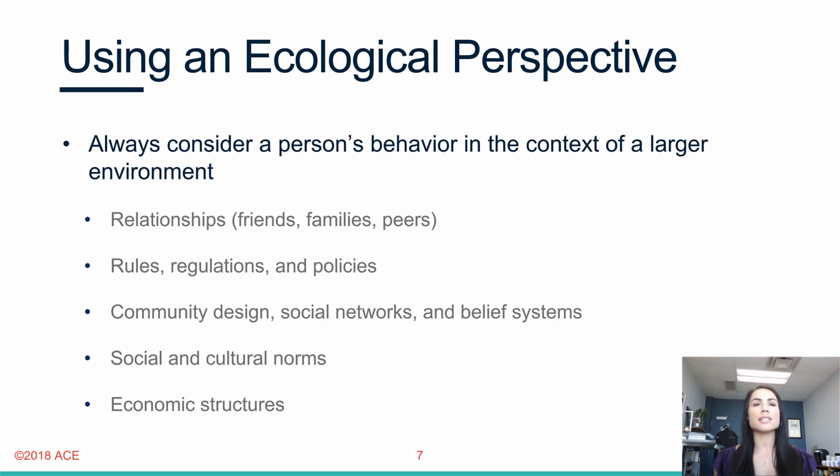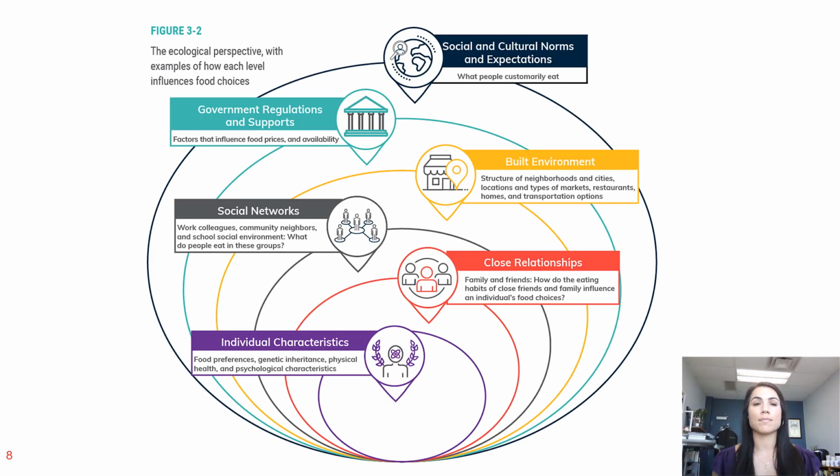So as you can see in this ecological perspective, it really takes this broad stroke of, hey, our clients aren't acting in this silo, they're acting as part of a system that exists around them. And that system consists of many things. So the ecological perspective views health and health behaviors of any individual as functions of not only their decisions and actions as an individual, but also the actions and decisions of the environments where they live.